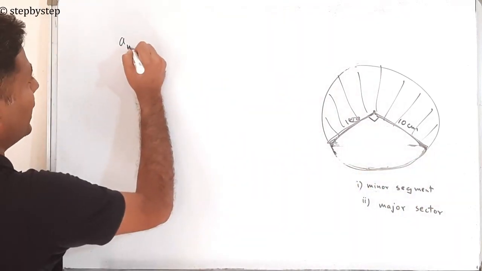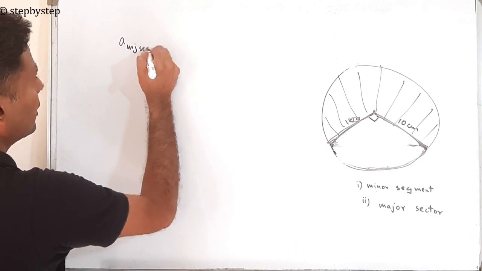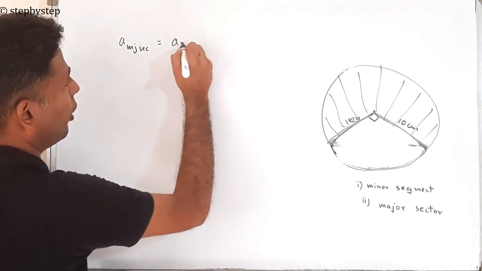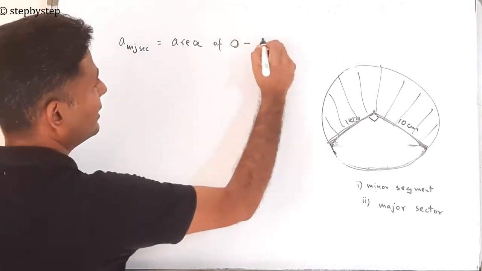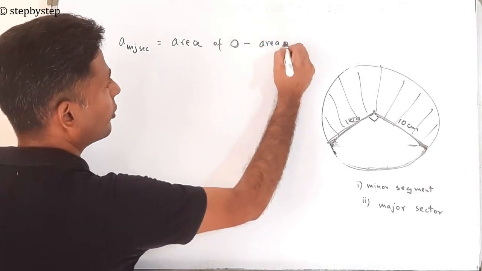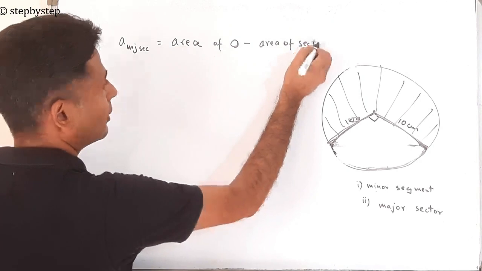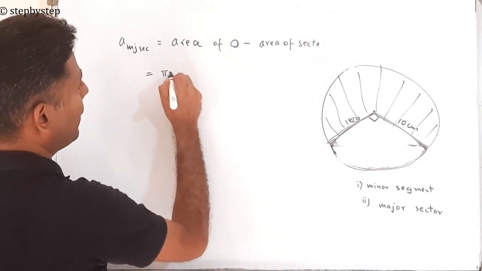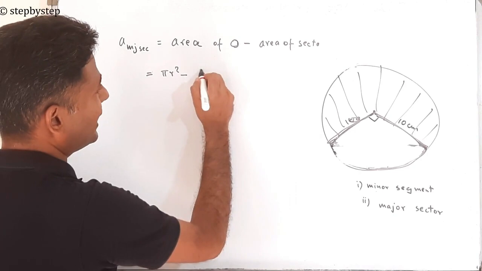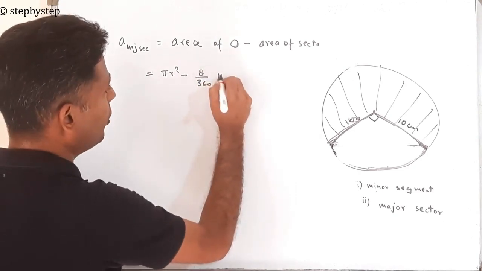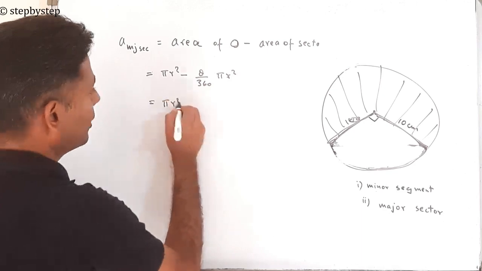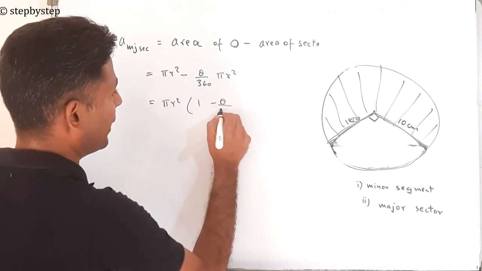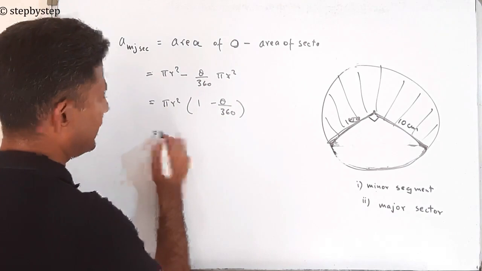So area of major sector equals area of circle minus area of sector. So area of circle pi r square minus area of sector theta by 360 into pi r square. So I can take pi r square common. I get 1 minus theta by 360, just to make calculations easier.